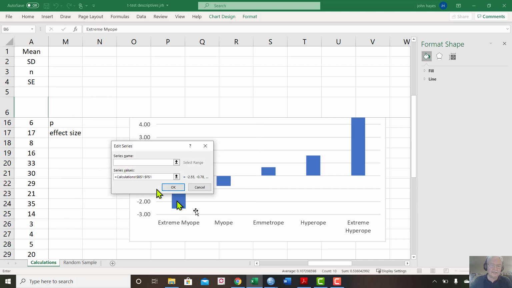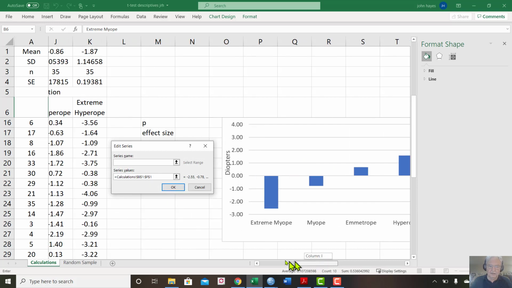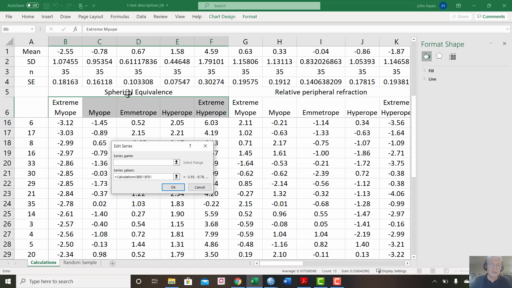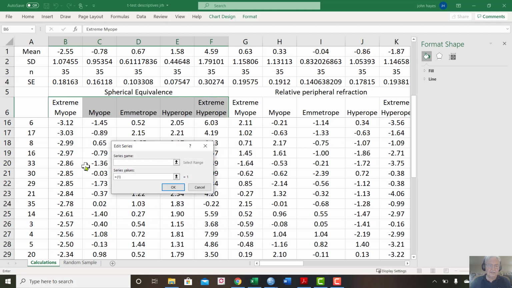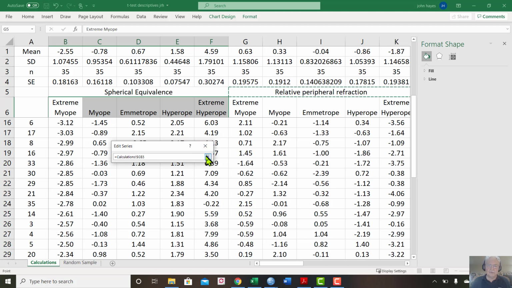Let's edit this. Let's come over here and click series name, spherical equivalence, yeah. Okay, and now let's add series name relative peripheral refraction.